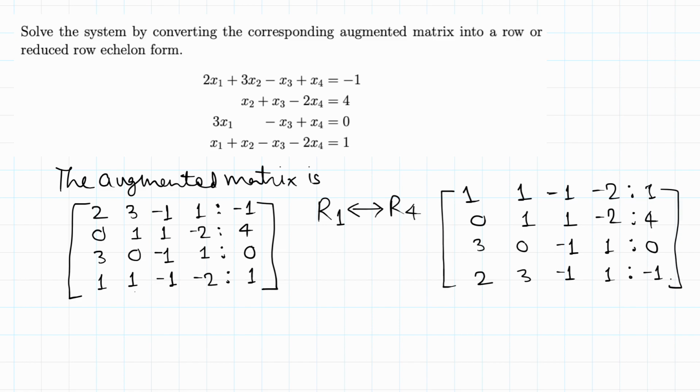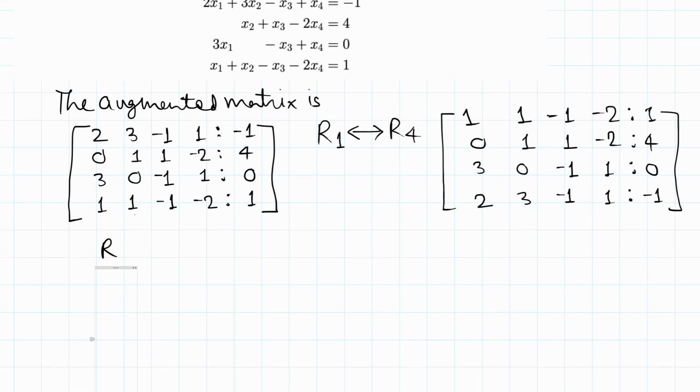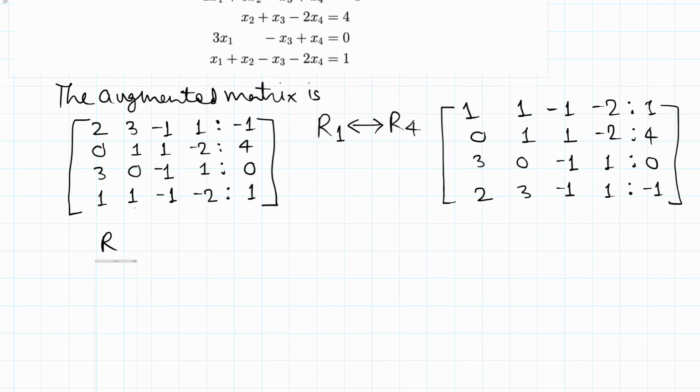Okay. So this is 1. Now we're going to make everything below this pivot 1 zero. So this is already 0. So we want to make this 0. That's R3. And at the same time, we can make this 0. So R3 is R3 plus 3.